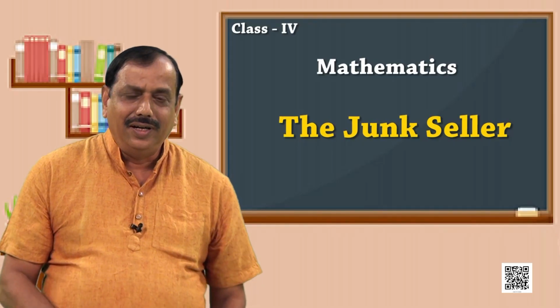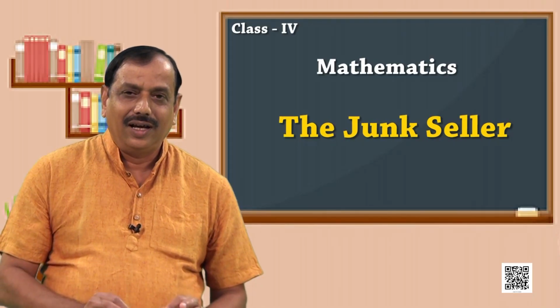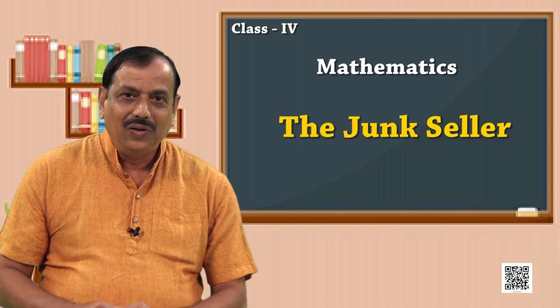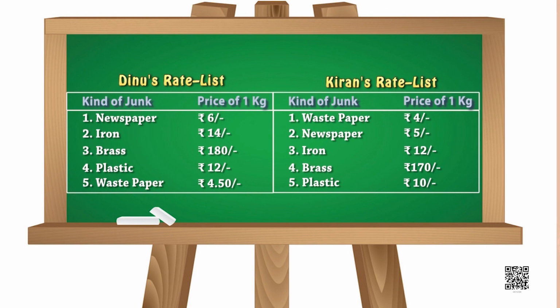If Kiran sells her junk at Dinu's shop, will she make a profit? Compare Kiran's rate list with Dinu's rate list and try to make your own judgment whether she is going to make a profit by selling her junk at Dinu's shop or not.